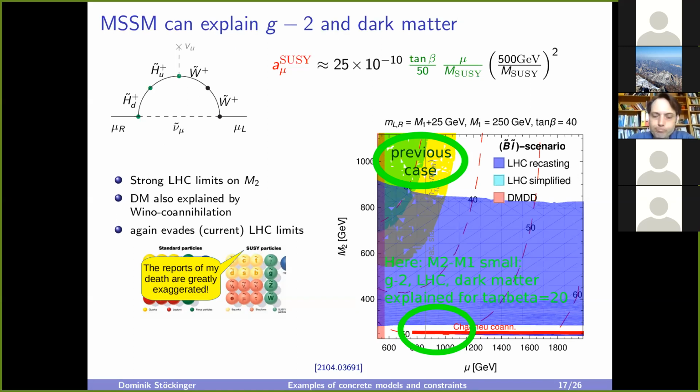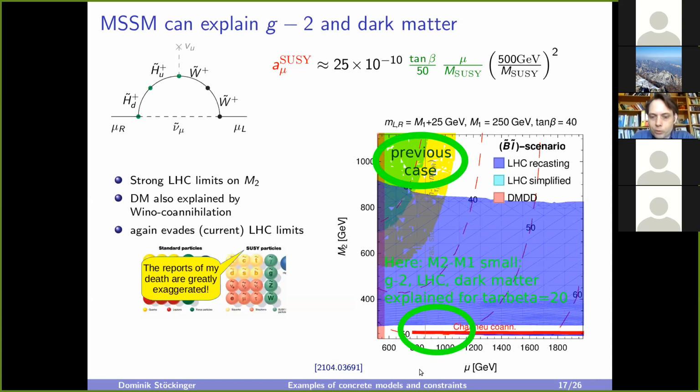But you see that a high value of M2 does no harm to an explanation of g-2 and dark matter. The LHC limits are limits on the values of M2, and values below around 900 GeV here are excluded. However, you see also some other interesting parameter region in this plot, namely very low values of the wino mass M2 are also allowed.